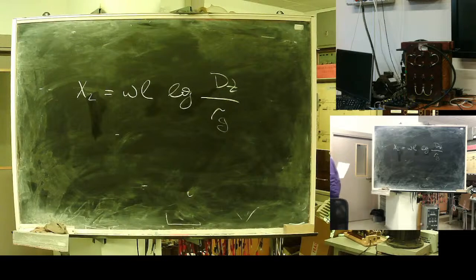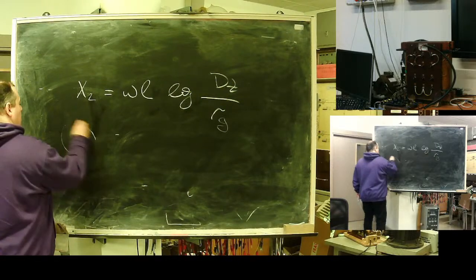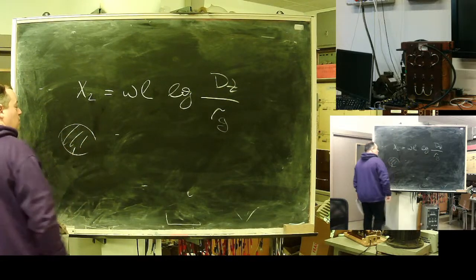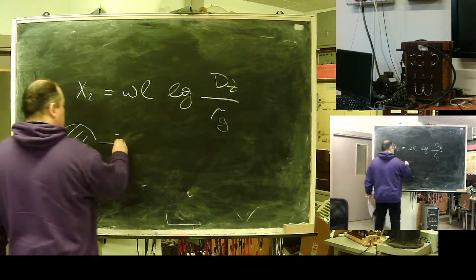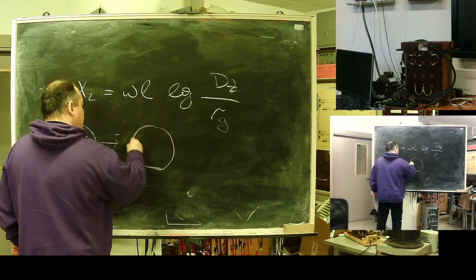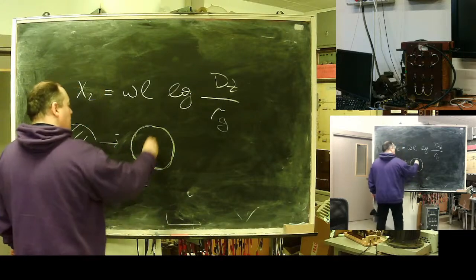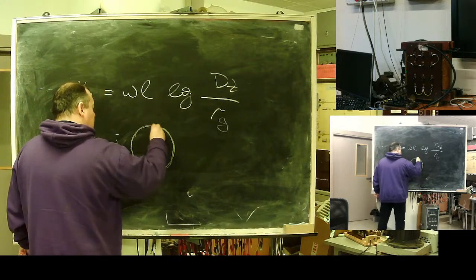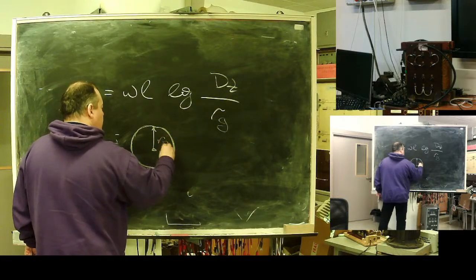It's the geometrical mean radius. The idea is that a real wire can be substituted with a pipe with an infinitely thin wall, and the radius of this pipe will be Rg.